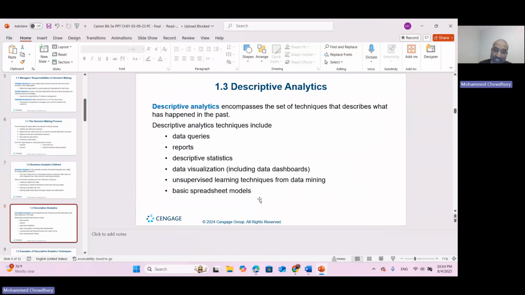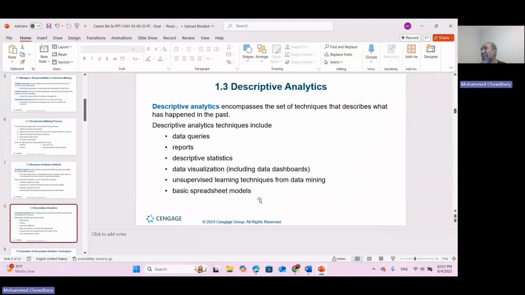What is descriptive analytics? In a limited sense, if I was asked what is descriptive analytics, it is just using some past data to make some immediate decisions. So descriptive analytics encompasses the set of techniques that describe what has happened in the past. Descriptive analytics techniques include data queries.